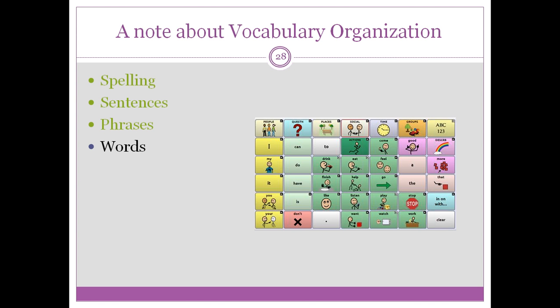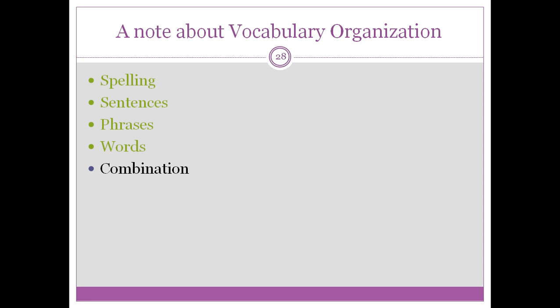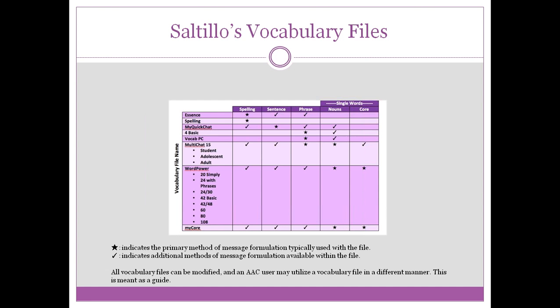You can have phrases where you sort of chunk it up. Words where they're putting the thoughts together to make a sentence themselves. You can have a combination of that. So just make sure that you know how your client's vocabulary is organized.